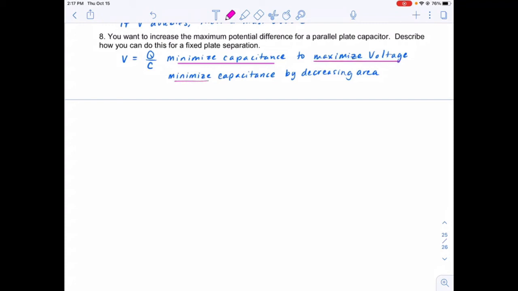The only way to really minimize capacitance would be to decrease the area or to decrease the permittivity of the dielectric. Decreasing the permittivity would decrease the capacitance because the capacitance is equal to permittivity times area over distance. So again, if the plate separation is fixed, our only options are to reduce the permittivity or the area.